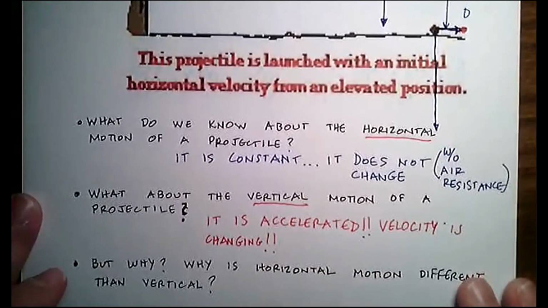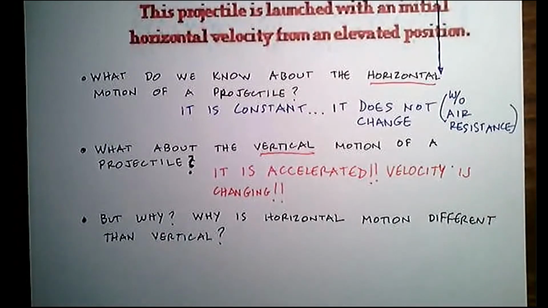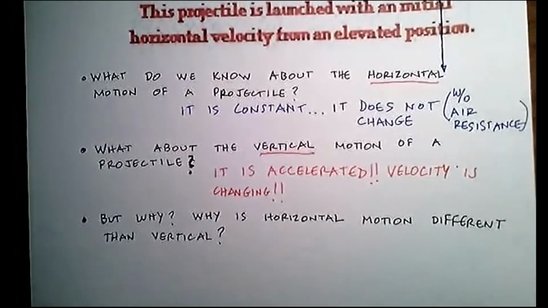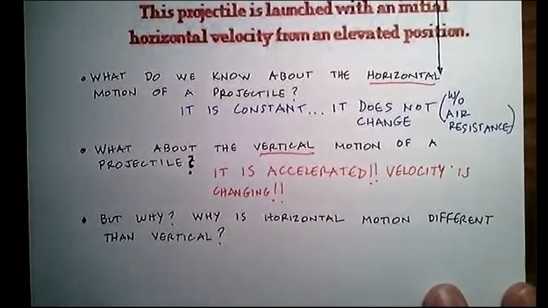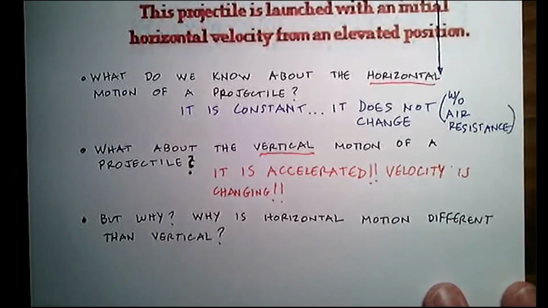Well, my next question, and we didn't go into it in the video all that much, but I'd ask why. I mean, this object's flying through the air. Why is it that vertically it's accelerating and yet horizontally it's traveling with constant velocity? It would seem to be you're moving through the same stuff. Why is this true?